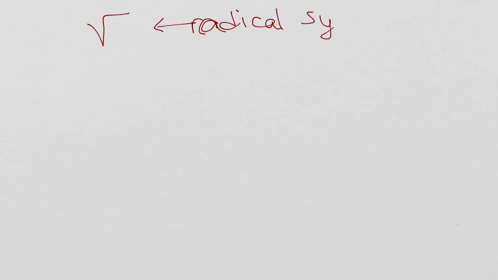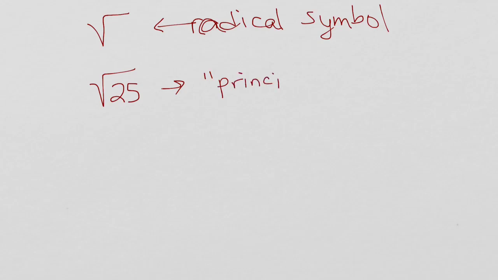I do want to point out, though, that this symbol is called a radical symbol. When I write the square root symbol and I ask for, let's say, the square root of 25, I'm really asking for the principal square root of 25.